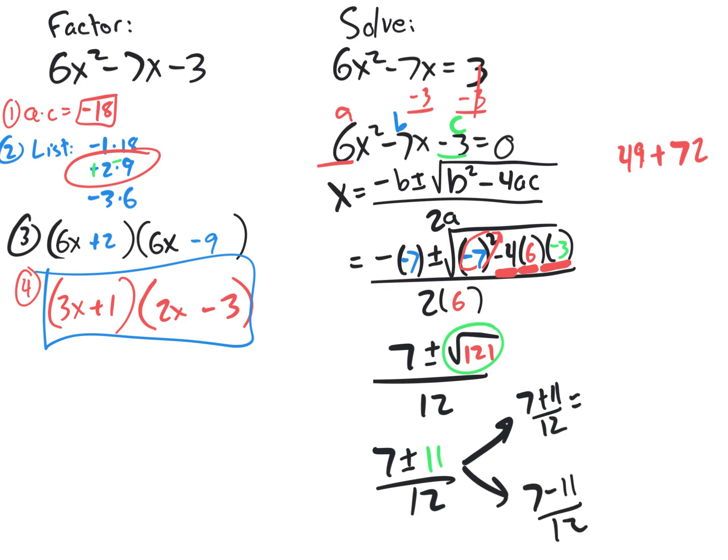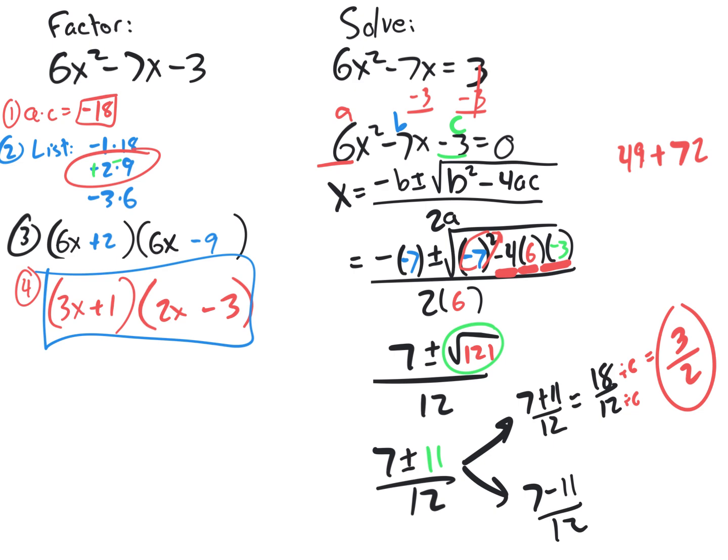So up on top, 7 plus 11 is 18, 18 over 12. 18 divided by 12 you can't do, but you could at least reduce that by 6. And if you reduce by 6, you're going to get 3 over 2. And that is your answer, 3 halves, or 1.5.